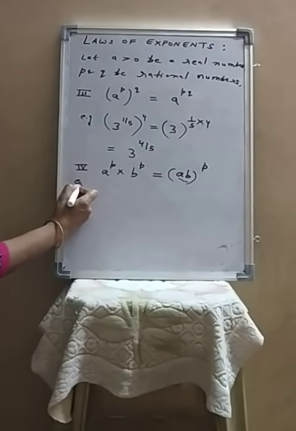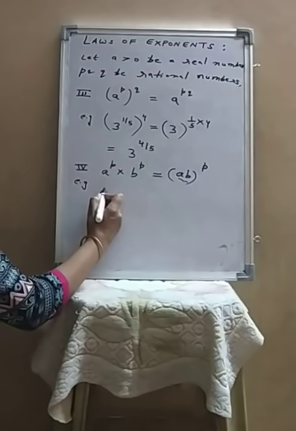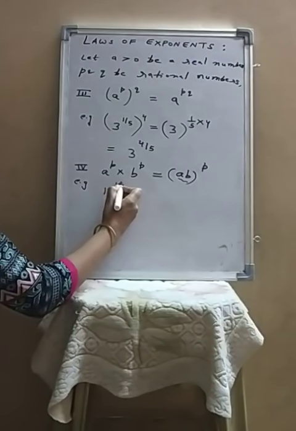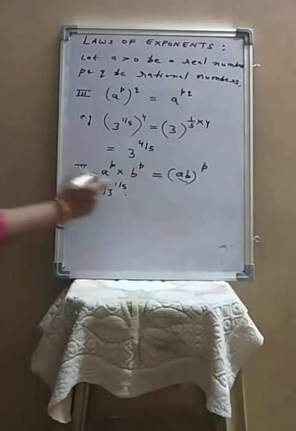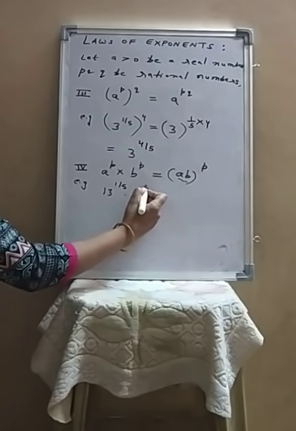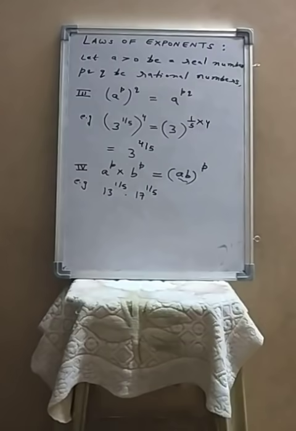So let us take one example for this. Example is 13 raised to the power 1 by 5 into 17 raised to the power 1 by 5. So here the power is the same in both the numbers, that is 1 by 5, but bases are different.